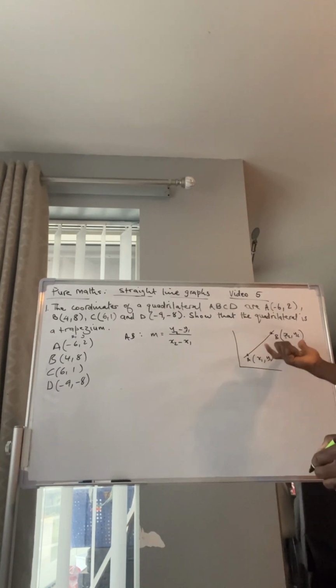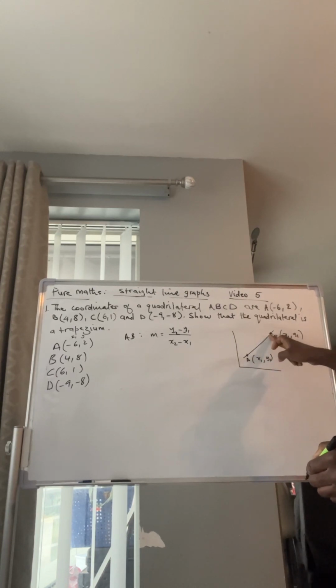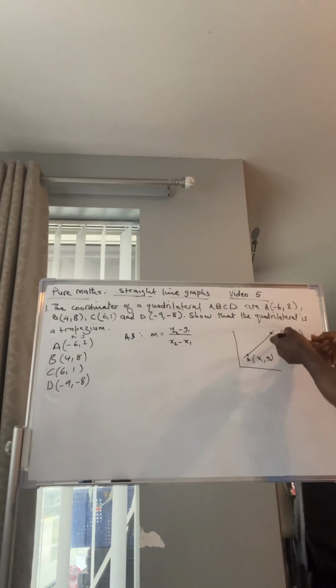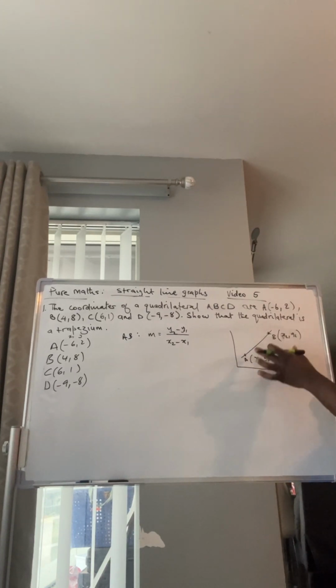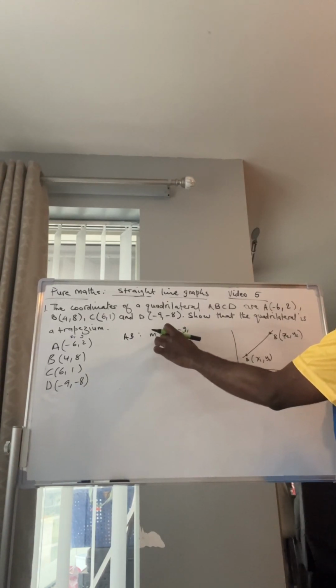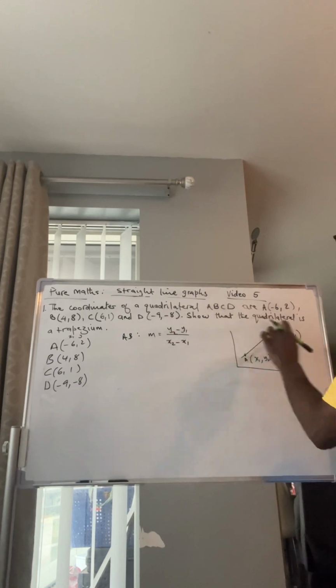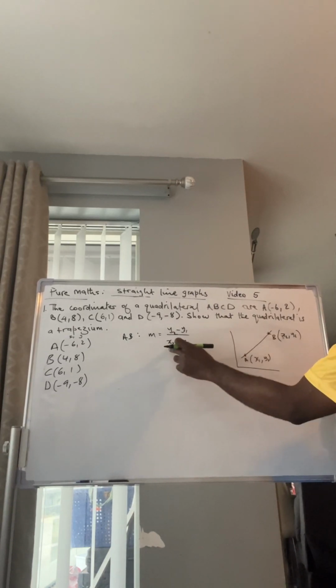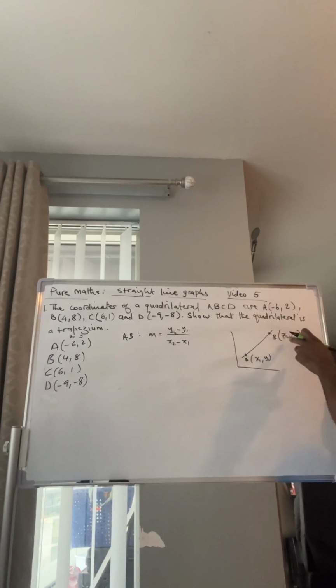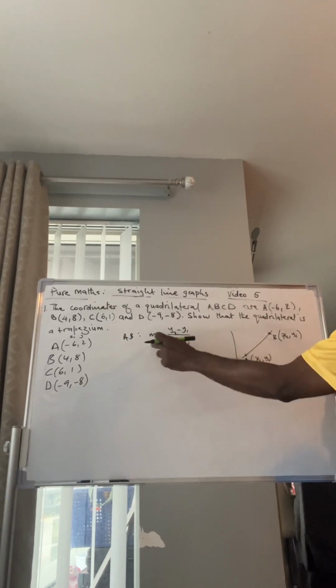To find the gradient of this line, this is what you do. The gradient m is equal to the increase in y, y2 minus y1, over the increase in x, which is x2 minus x1.